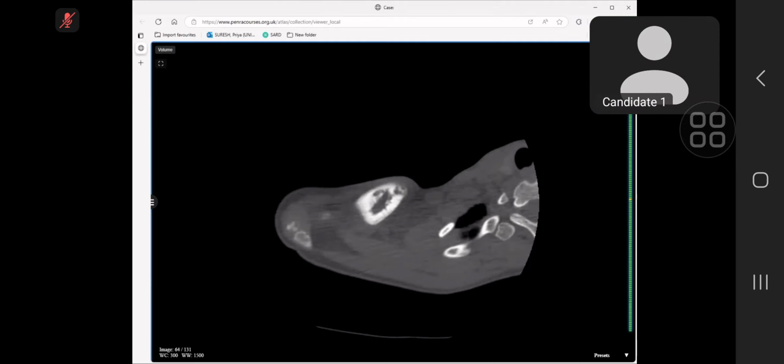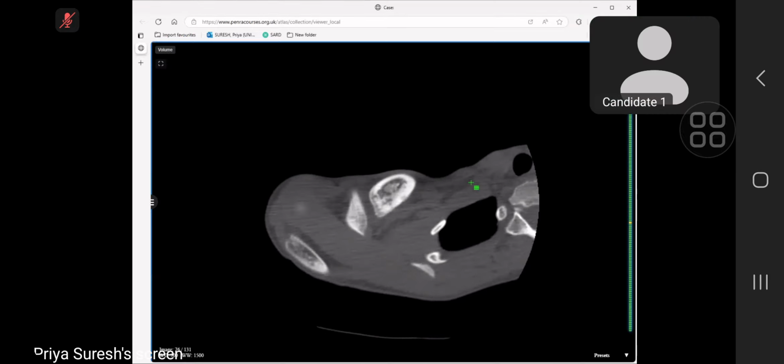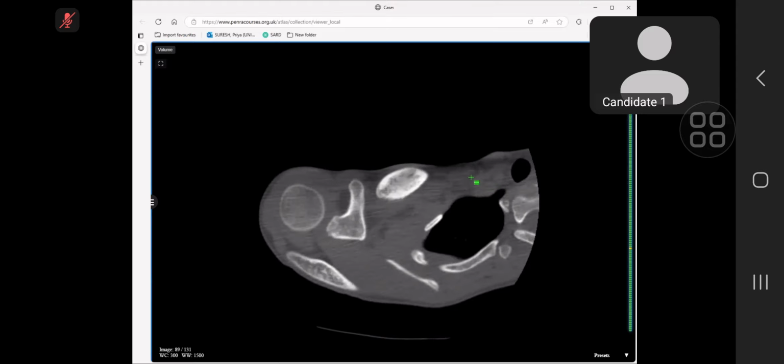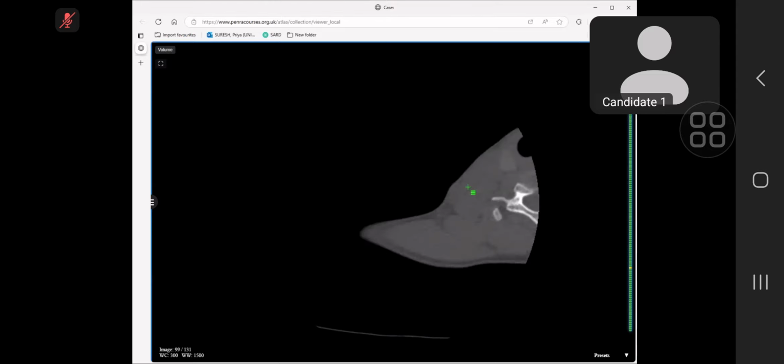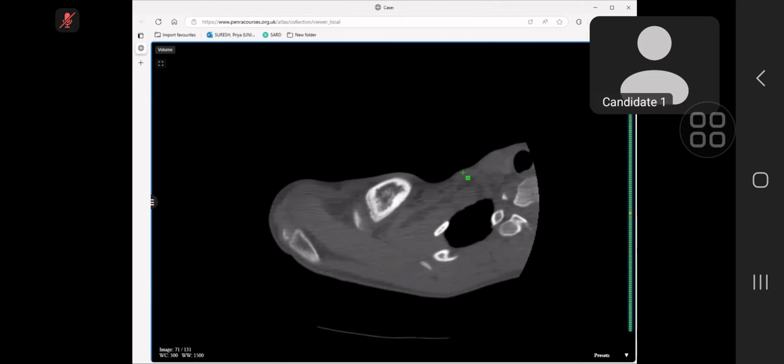There is marked sclerosis of the clavicle with obliteration of the medullary cavity, and a few lucencies are also appreciated in this bone.